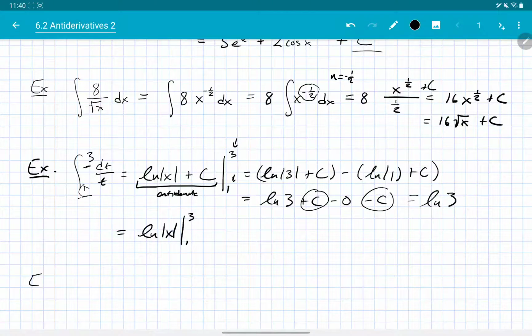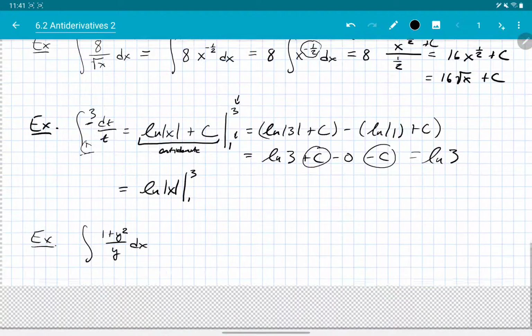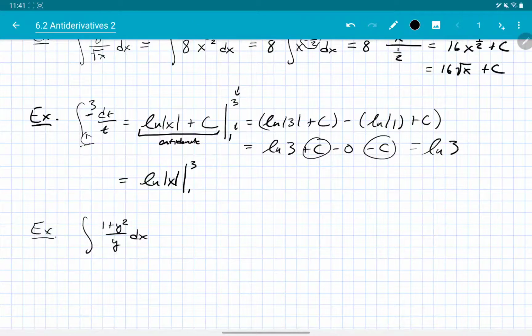Okay, let's do one that needs a little bit of work before we can go anywhere with it. The antiderivative of 1 plus y squared over y dy. Now this looks pretty difficult. In fact, it looks almost like it's going to be a problem from Calculus 2. But if we just do a little bit of simplification, 1 over y plus y is the same thing as 1 plus y squared, all divided by y.